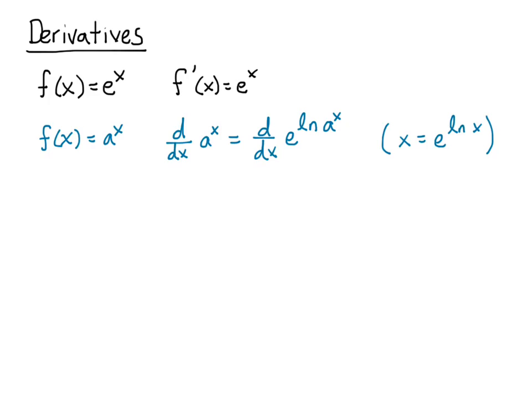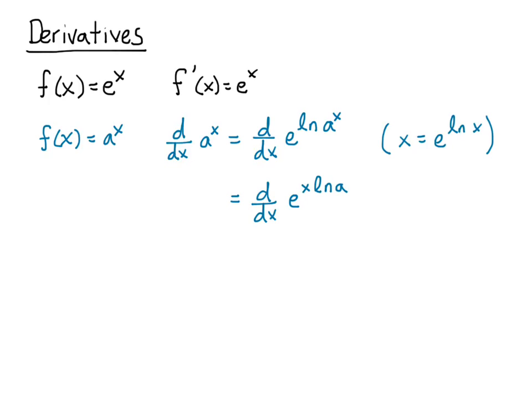That's that identity that we had before that basically is the function and its inverse. So if instead of x, I use a to the x, what I have here is a to the x on the left side, and so on the right side it's e to the ln of a to the x. So you see how I made that substitution there.